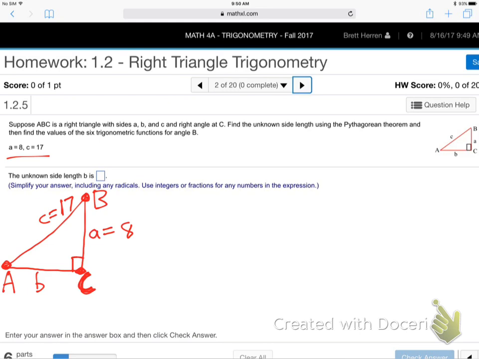Use the Pythagorean Theorem, right? A squared plus b squared is c squared. Good so far?